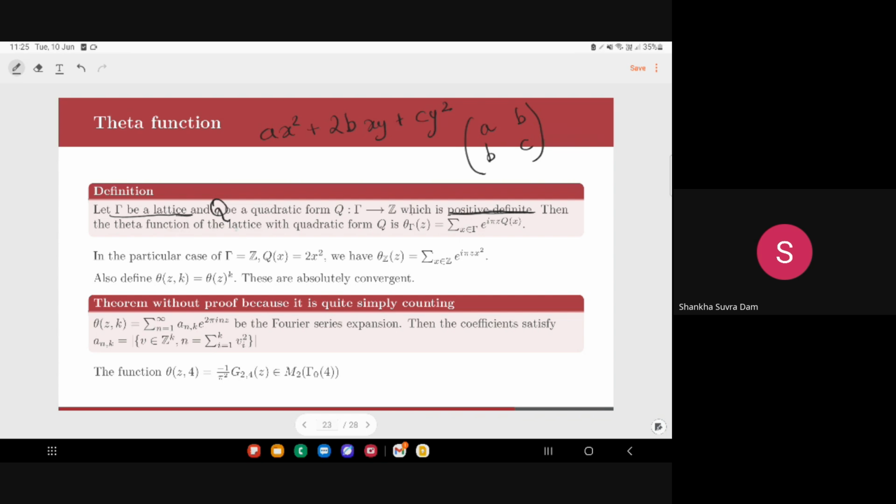Then the theta function of the lattice with quadratic form Q is this. For the particular case where Gamma is just Z, and if we take Q(x) equal to 2x squared, then we have this. This is particularly important because here there's a z, right?